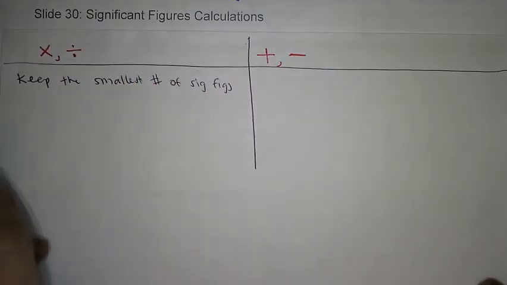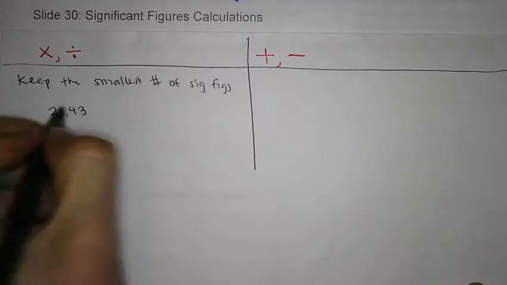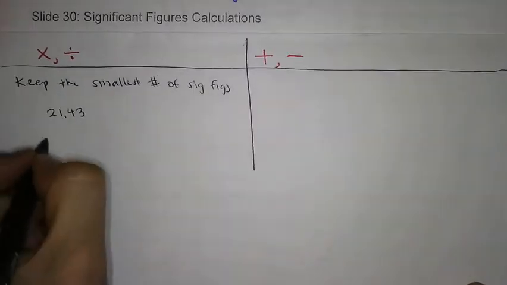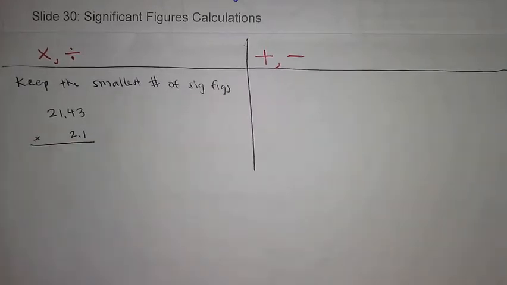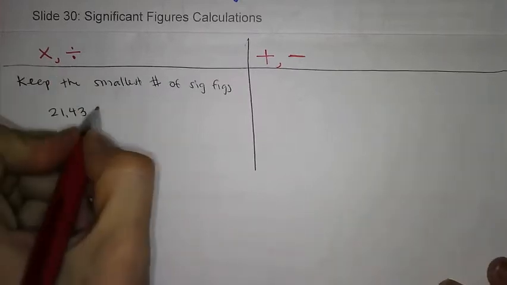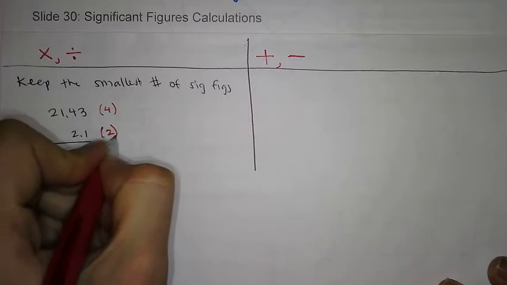Okay, so if you have, let's say these two numbers, 21.43, and this is just a really dumb example, times, I'm going to multiply 2.1. Right? Very simply, 21.43 has 4 significant figures, 2.1 has only 2.